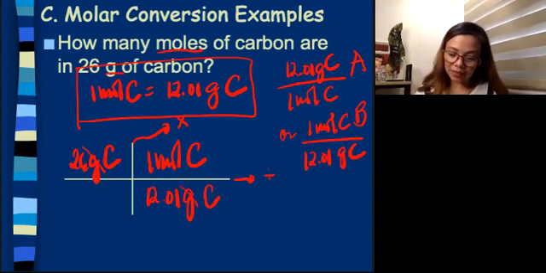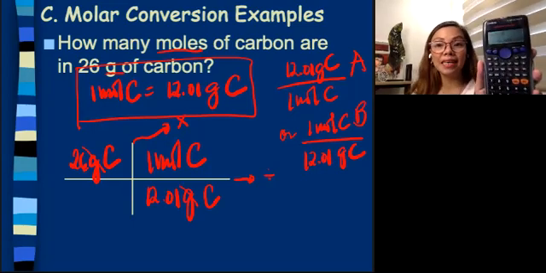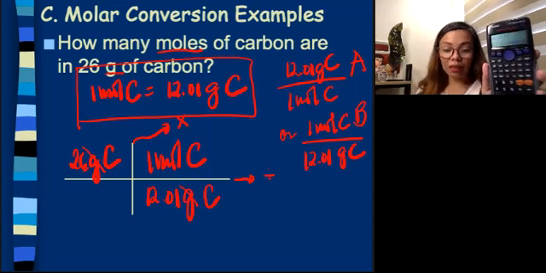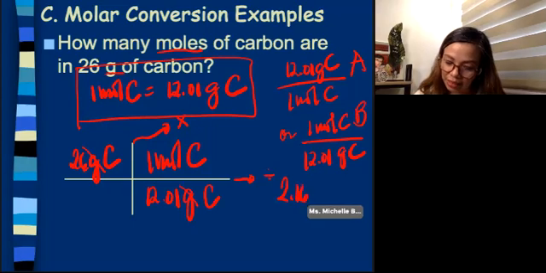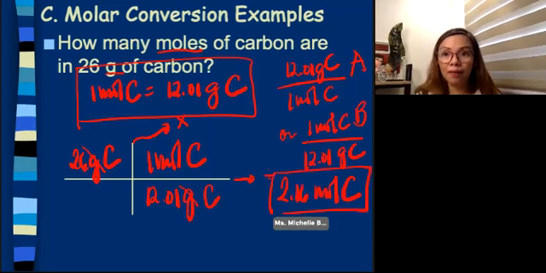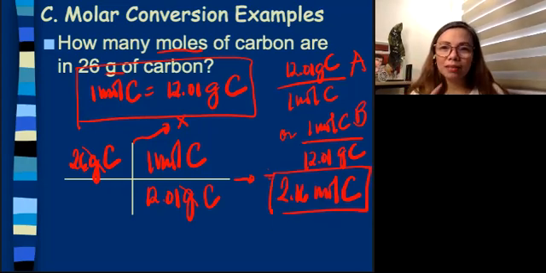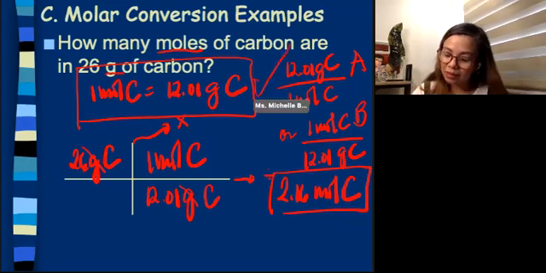Thus, 26 divided by 12.01, to be sure we will use our calculator. We have 2.16. So give the correct value, 2.16 moles of carbon. Okay? So please do not get confused between these.